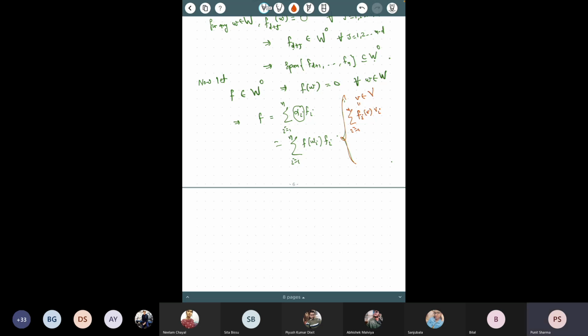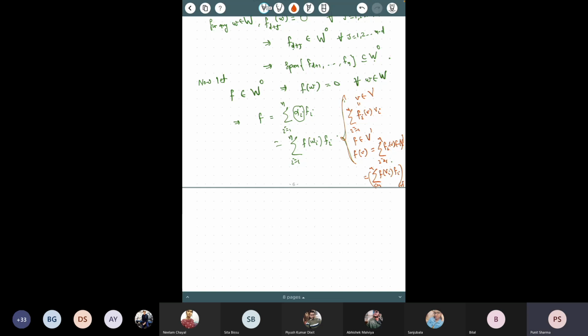But this is true for any vector v. Now if I take this f, any linear functional on V, f in V dash, then what would be f of v? f of v I can write as the sum of f(v_i) f_i, i equal to 1 to n, and because of linearity I can write it in this way.